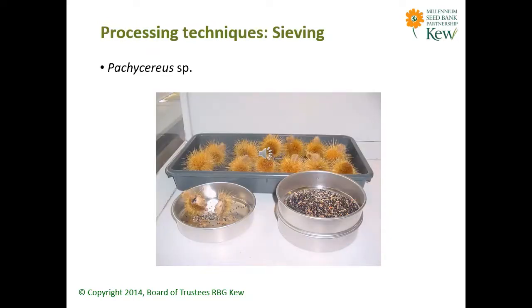So we're now going to show you some of the techniques available for processing and cleaning seeds. We're going to show you these in much better detail in the following video on seed cleaning techniques. So for now, I will just show you some pictures. The first technique we have available is sieving.